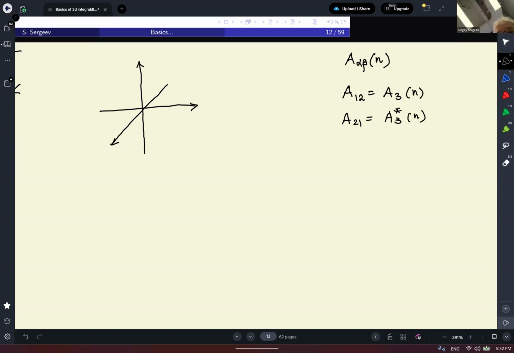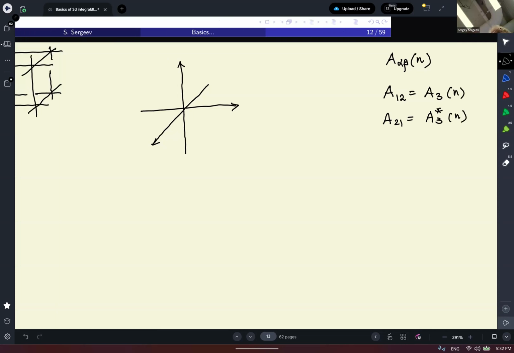Well, what is n? Now go to our picture. n is the coordinate of this 3D vertex. So that's n, its coordinates. Then the question, where we have A1, A2, A3, A1 star, A2 star, A3 star, which depend on a point on the cubic lattice. Not a problem. They belong to edges.